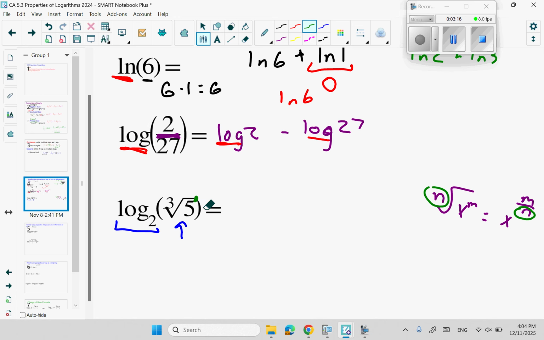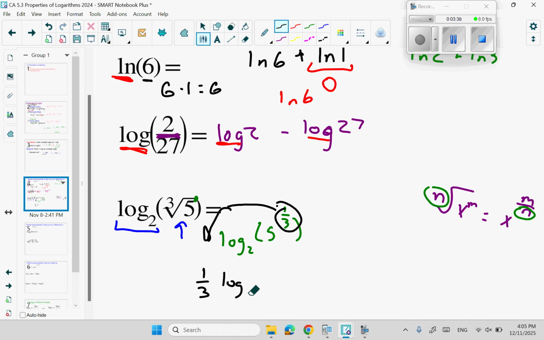So this 5 currently has an exponent of 1, so I can rewrite this as log base 2 of 5 to the 1/3. And now I can use the power rule and take this 1/3 and put it out front. So I get 1/3 log base 2 of 5.